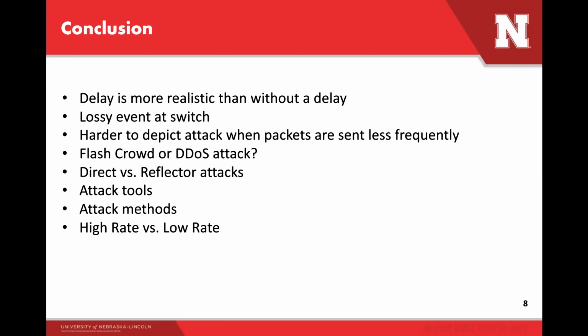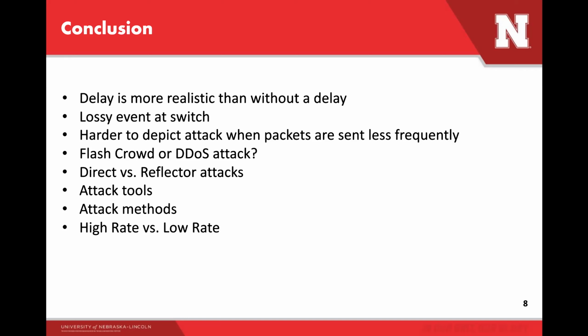And then finally, just comparing high rate versus low rate attacks with those results. A high rate attack, again, is what we simulated, which is a large number of requests being sent at once and then seeing the data from that. A low rate would be another type of attack, which is harder to detect because the requests are fed at a rate that is undetectable by most common defense mechanisms.